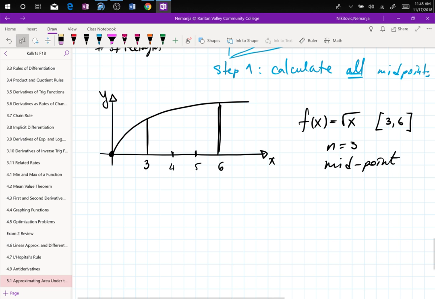Alright, so what do we do? First we partition. And then we go to the midpoint of all of these and we draw rectangles.